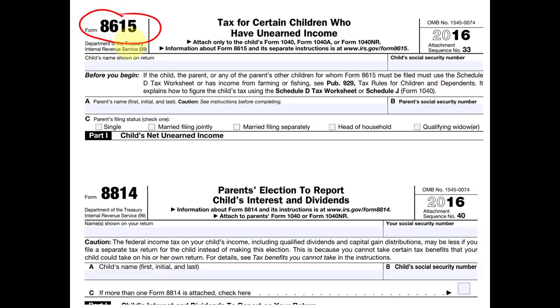If you want to calculate the kiddie tax and put it on the parent's return, that would be 8814. I think if there's only one child, it may sometimes be beneficial, especially on the Hawaii tax return, to do this 8615. If you have multiple children in this situation of the same parents, possibly the easiest thing to do is use this 8814 and report everything on the parent's return.